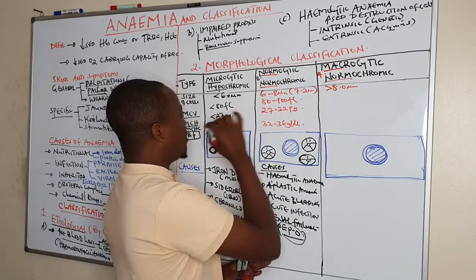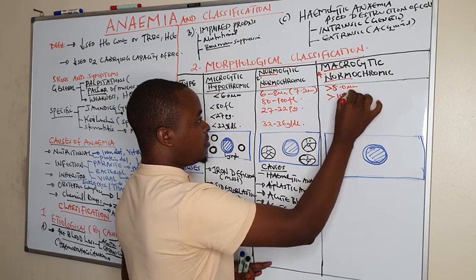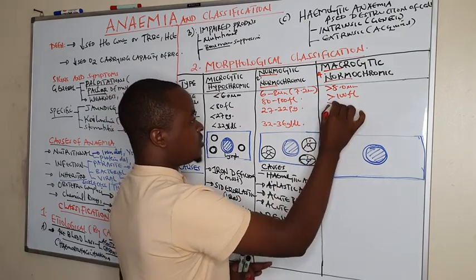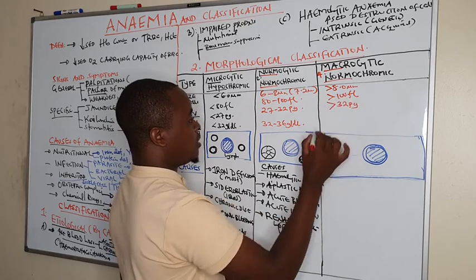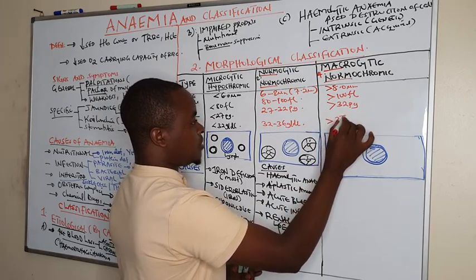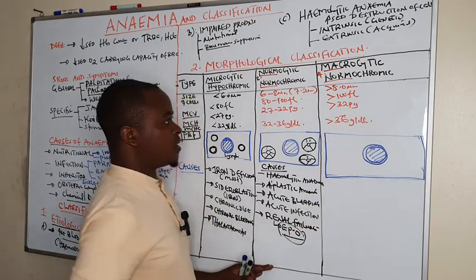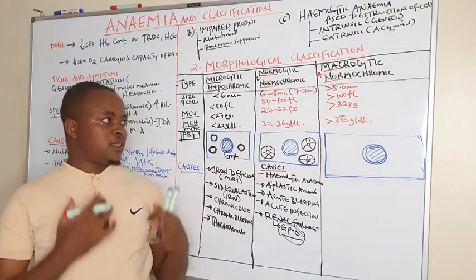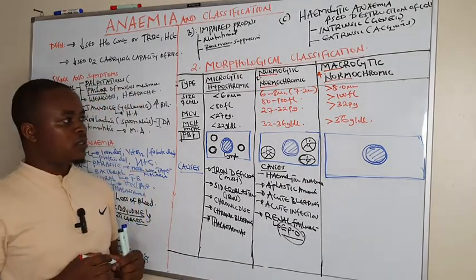Then the MCV shall be greater than 100 femtoliters, that is under CBC. Then MCH will be greater than 32 picograms. Then MCHC shall be greater than 36 grams per deciliter. So this is under CBC. That is how we can tell that this type of anemia is macrocytic normochromic.